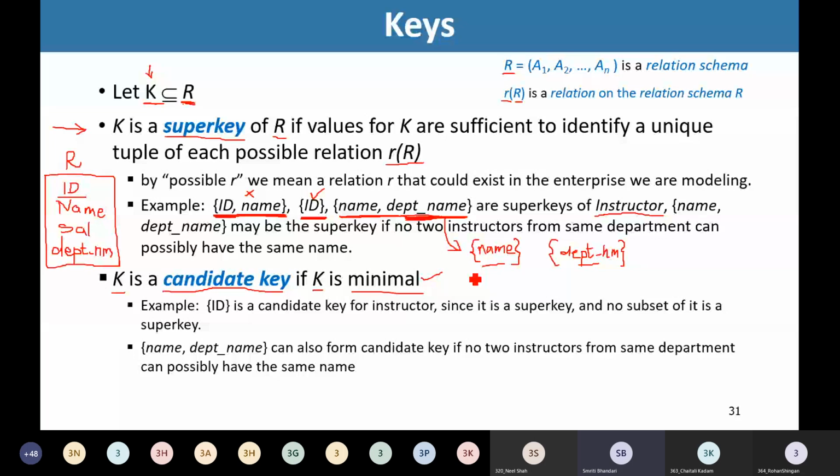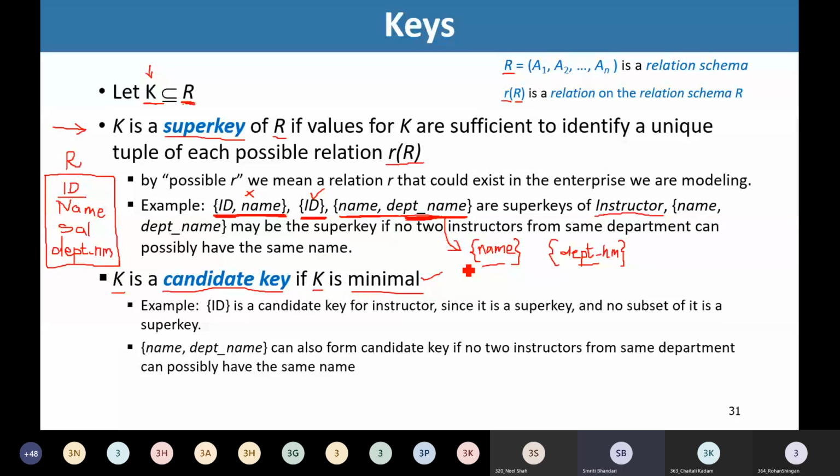Whether only name can be treated as the super key for the instructor, whether only name is sufficient to distinguish two tuples, two instructors. No, ma'am. No, because it may happen that two instructors from two different departments are having the same name. So it is not possible for me to use only name as the super key for this instructor relation.